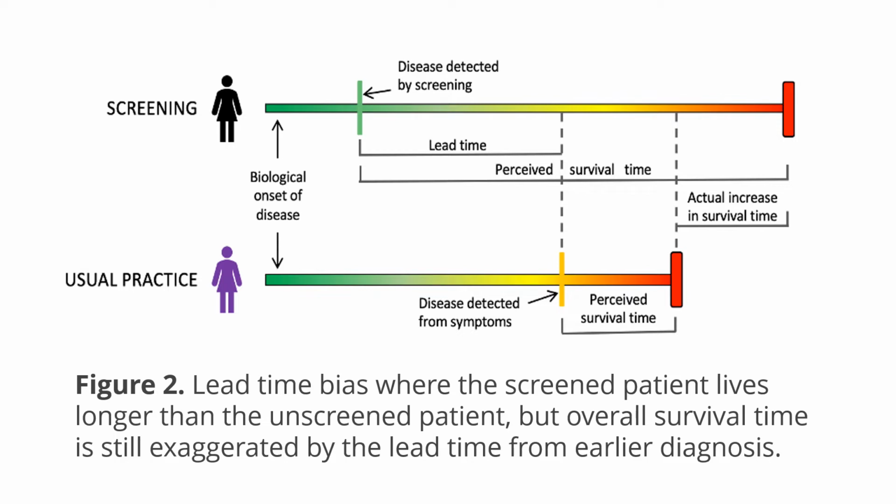But the perceived survival time in this particular case compared with the perceived survival time in the purple case is still erroneous. That is, still there is a lead time bias, because what actual difference it has made is much less than the total perceived survival time.